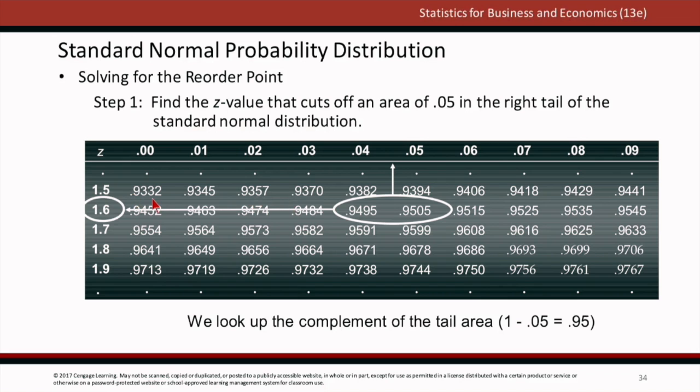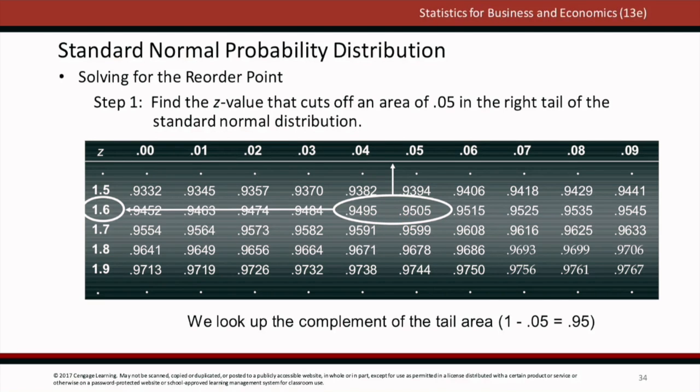So notice that this is 0.93, and it's increasing as we move along this row. 94.41, 94.5, and we get to 94.95, and then we jump to the value 95.05. So what that means is that the z-score that we are looking for is in between these two values, because 0.95 is actually the midpoint between these values.